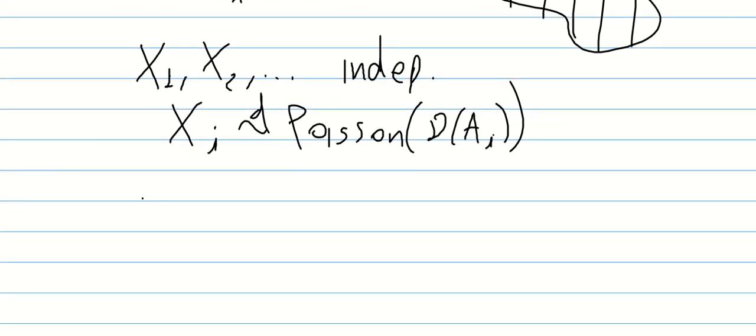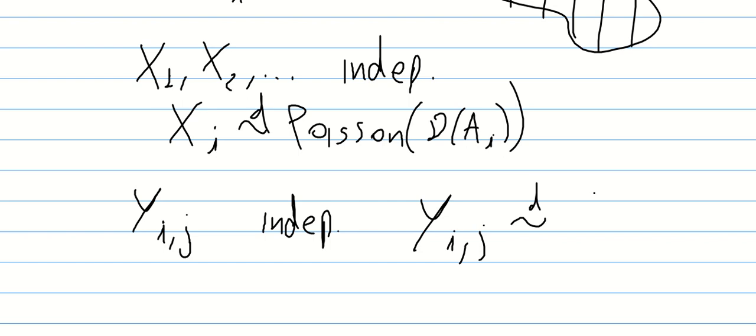So for this, we're going to define Y_ij. So now not only do you have this infinite collection of ξ's, but we have Y's, which are also independent. And Y_ij has a distribution that is ν conditioned on A_i. So ν of something intersected with A_i divided by ν of A_i.